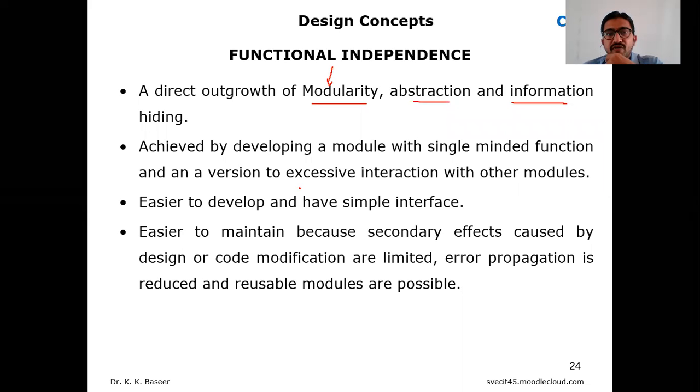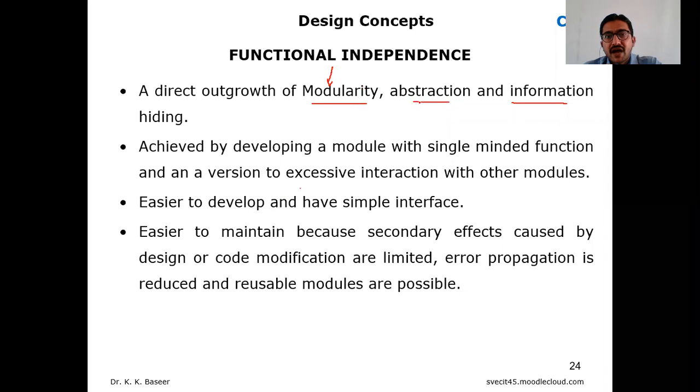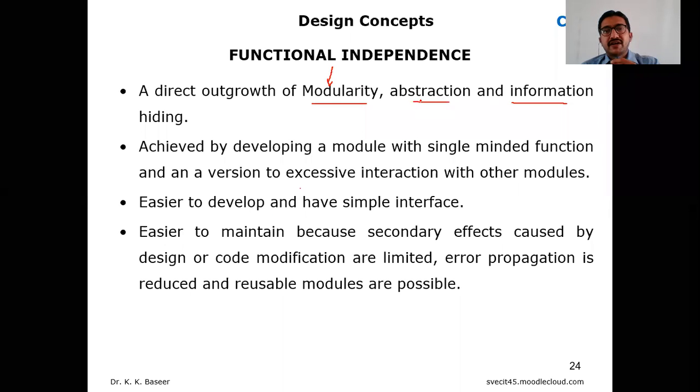If the functionality of module 1 is the same as the functionality of module 2, it is not required to divide it into two modules. You can divide it as only one module, right? Because the functionality of both modules is the same. That's why, however many modules you divide into, M1 to Mn, all are independent of each other. That independence can be achieved with the help of modularity, abstraction, which provides the high level details required, and information hiding.